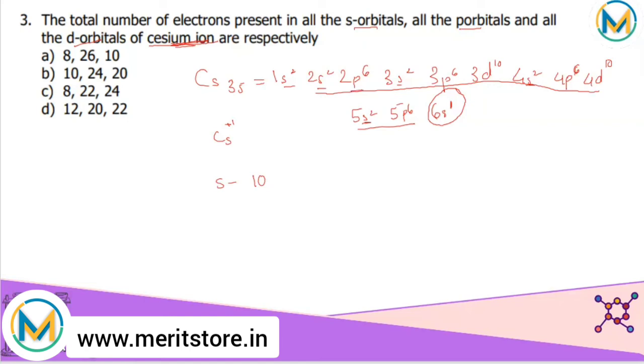This 6, this 6, 12, this 6, 18 and this 6, 24. So p orbital electrons are 24. Then look for d. This 10, this 10, that becomes 20. So d orbital electrons are 20. So we need to have 10, 24 and 20 and it's there only in option B. Therefore the correct answer for this question is option B.